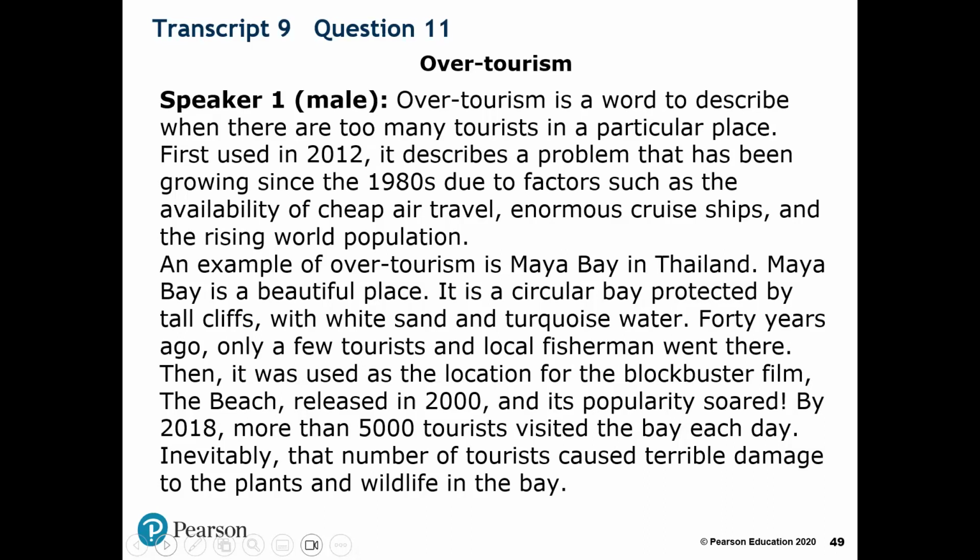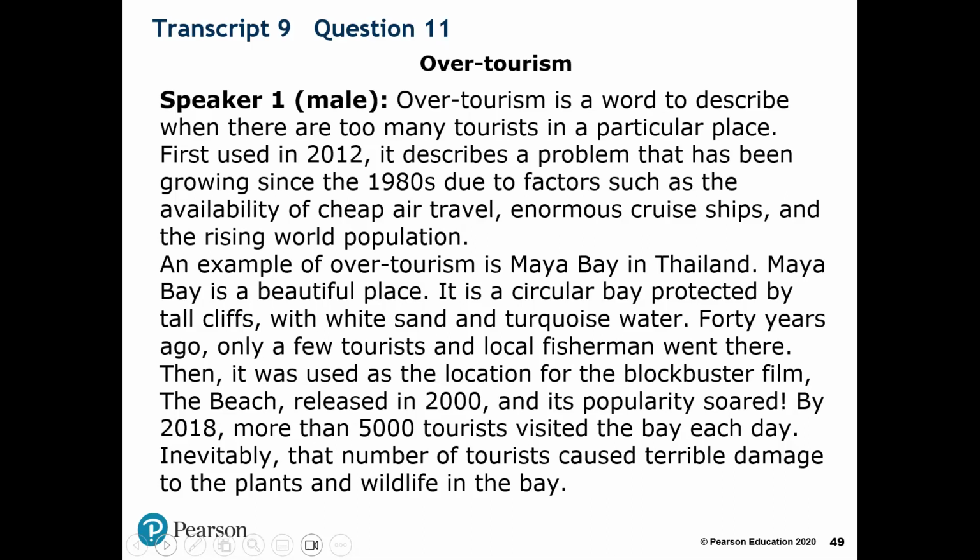So all sorts of things going on in these passages that require students to pay real attention. Over-tourism might not mean anything to a student as a word on its own, but that word is explained within the text. Over-tourism is a word to describe. So there's an internal gloss of that word in the text.